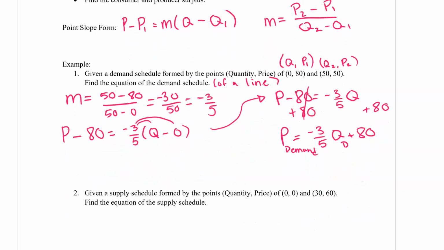All right, we're going to do the same thing now with our supply schedule. So we've got our Q1, P1, and Q2, P2. So my slope, got difference in my P's over the difference in my Q's.